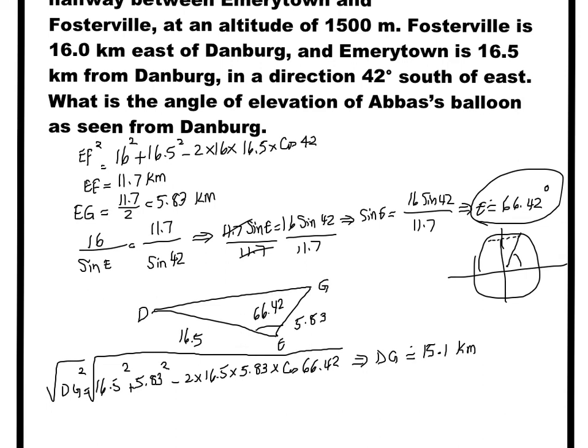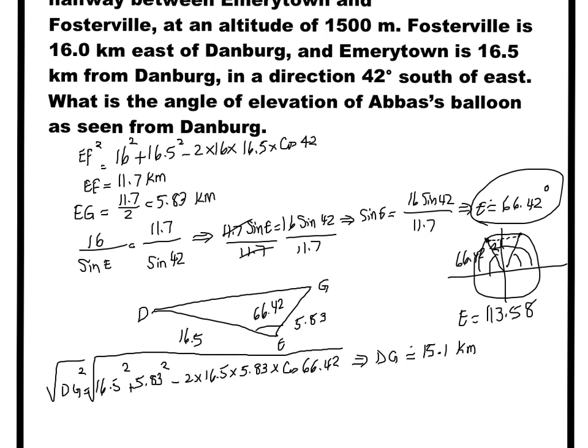So if we reflect this point on the y-axis, we get this point. Now the second possibility is this angle, which is 180 minus 66.42. If we find 180 minus 66.42, we get 113.58. So another possibility for angle E is 113.58.